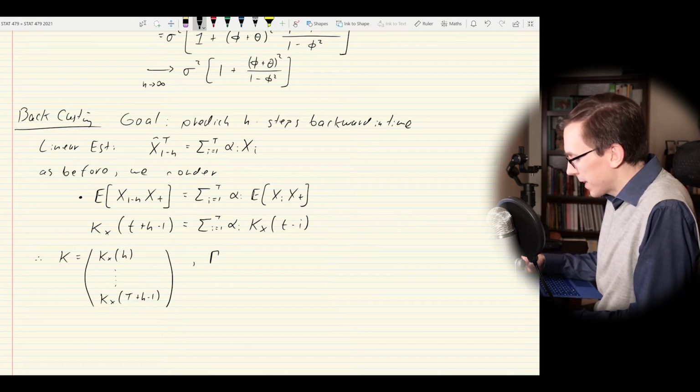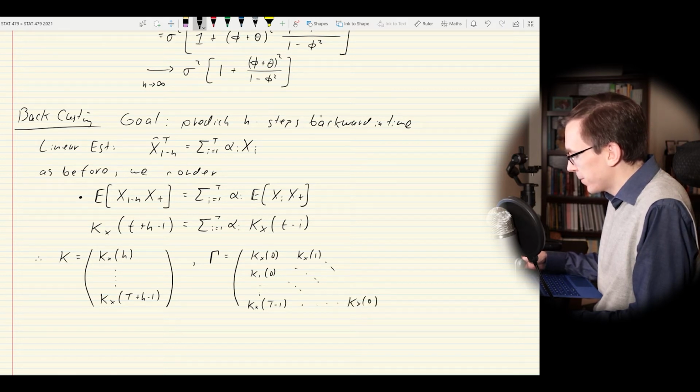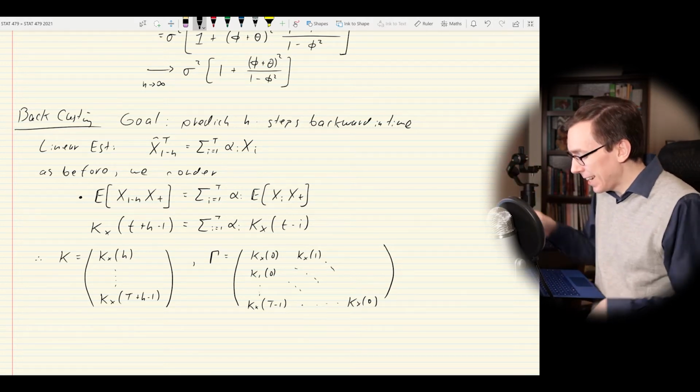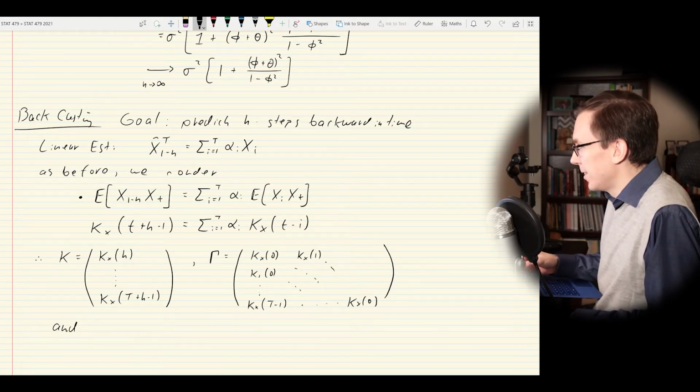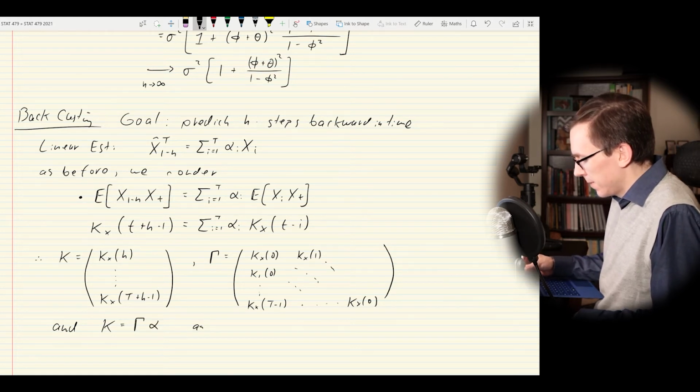And we're going to have the big matrix gamma, which is exactly what big matrix gamma always is. It's going to be a big matrix of autocovariances, T by T, where we go from 0 to T minus 1. So this is our big matrix of autocovariances, and we get K is equal to gamma alpha, and solve as before.